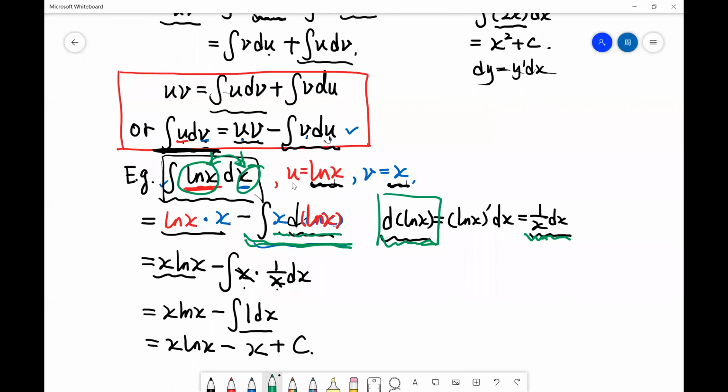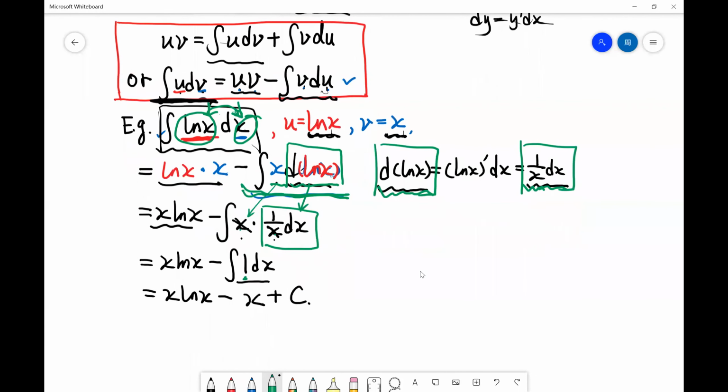So d ln x can be replaced by 1 by x dx, and x, we don't change it. So we will figure out that x times 1 by x equals 1, right? So we can simplify it to 1 dx, and then equals x. We plus C at last. Can you understand this time?